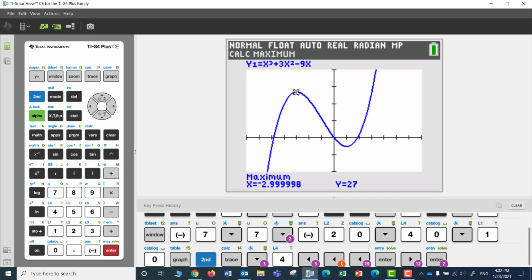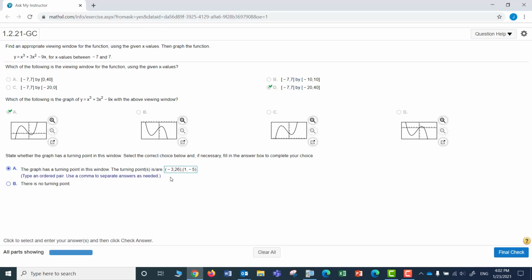So this maximum is 27 at x equal to -3. So the turning point is (-3, 27) at that peak. Okay, so in StatCrunch you're going to say (-3, 27). You input 26, maybe that's why it's wrong.